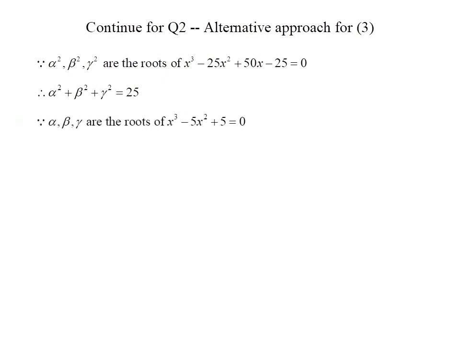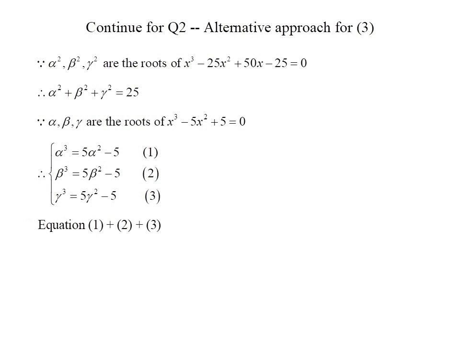Then we substitute each of the roots, alpha, beta, and gamma, into the cubic polynomial x cubed minus 5x squared plus 5 respectively. So 3 simultaneous equations are established in this way, relating to alpha cubed, beta cubed, and gamma cubed.